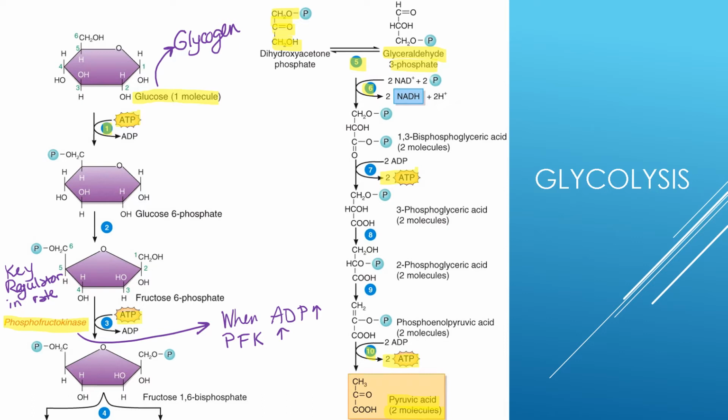So the takeaways of glycolysis are that it requires an input of 2 ATP at the beginning. It has an output of 4 ATP to give us a net gain of 2 ATP.